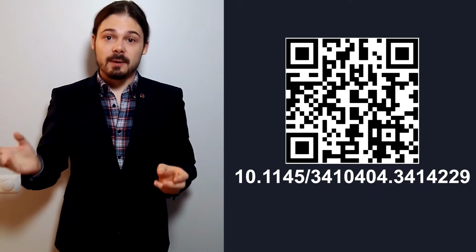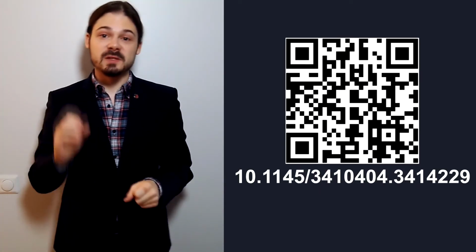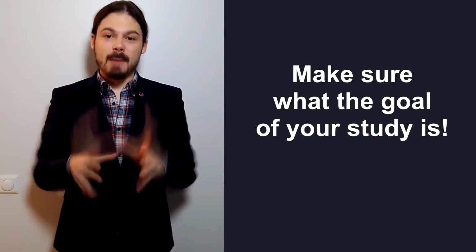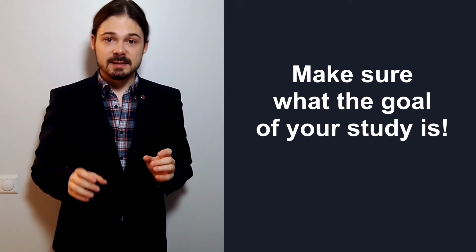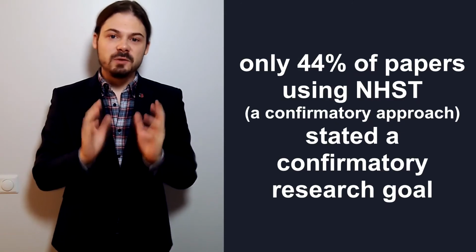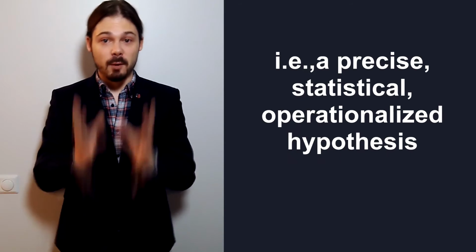So what should we do about this? What can we do, really? Well, more details can be found in the paper, but here I want to talk about 2 improvements we believe will noticeably increase the quality of quantitative studies at CHI PLAY. First, make sure what the goal of your study is. Is it confirmatory or exploratory? Often we do not have enough knowledge about a phenomenon to really test a precise hypothesis.